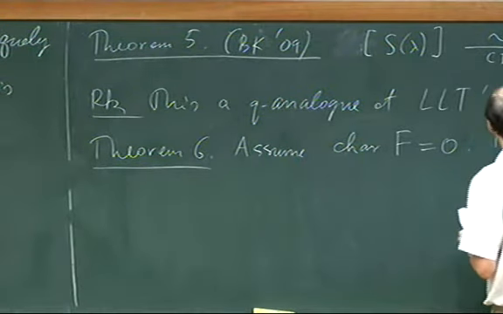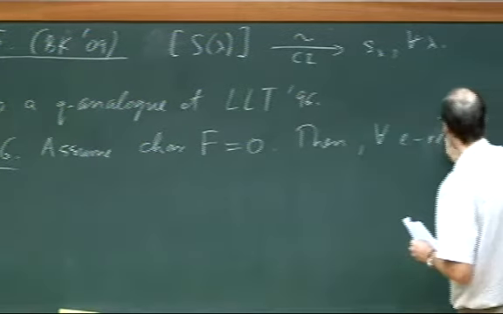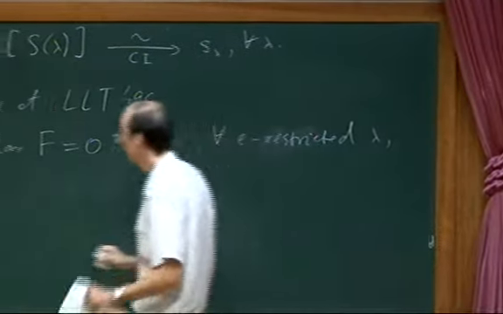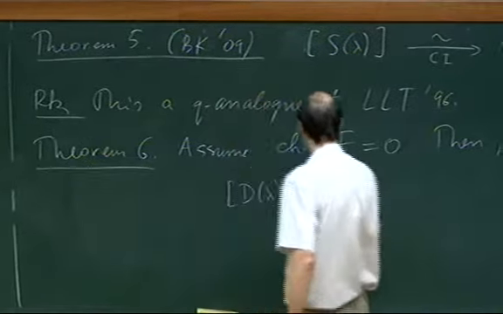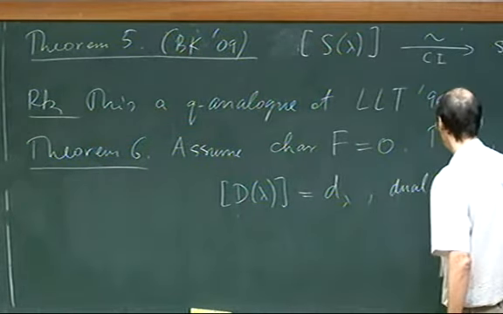Then for any E-restricted partition lambda, the class of D of lambda is precisely what I call D lambda, the dual canonical basis element.